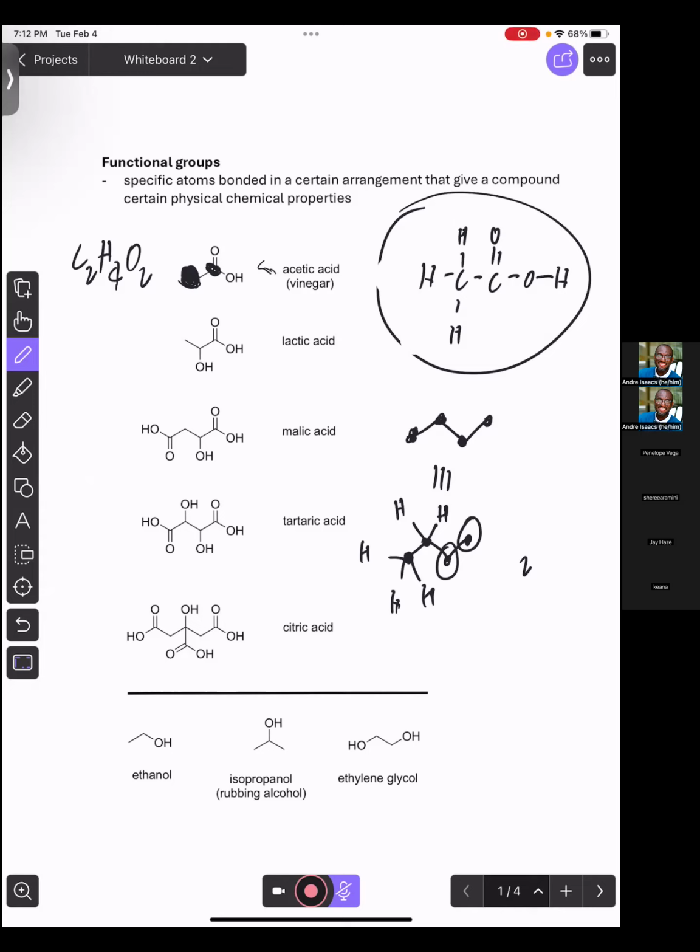Okay, so now that we understand line angle drawings, why don't we pivot back to functional groups? So as I said, you can draw a structure, but a functional group really is a specific arrangement of atoms, right, combined together that give a compound these particular physical and chemical properties. And you're going to have to identify them.